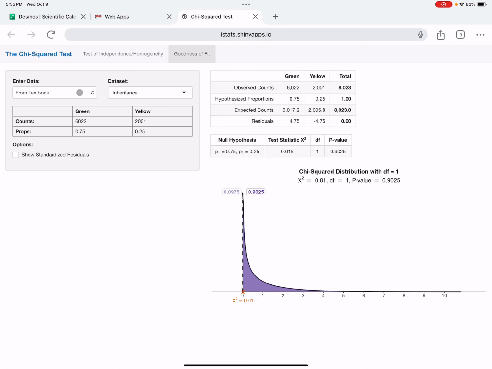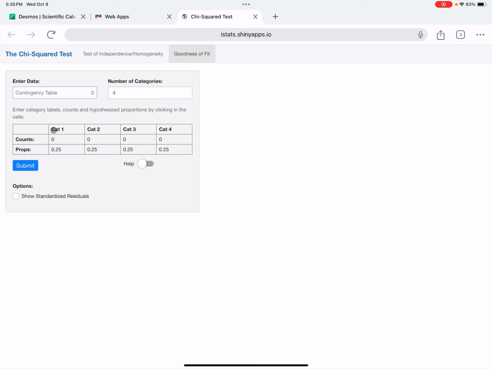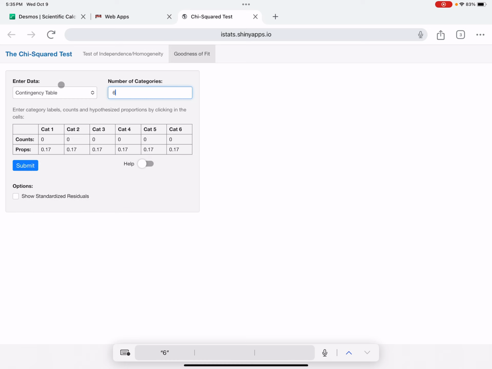And we're not going to use an example from their textbook. We're going to use a contingency table. And here we have to do a little bit of work just typing in the different categories. First of all, we should tell this calculator how many categories we have. We're comparing 6 M&M colors, so we have 6 categories, right? And then we can write down what those colors are.